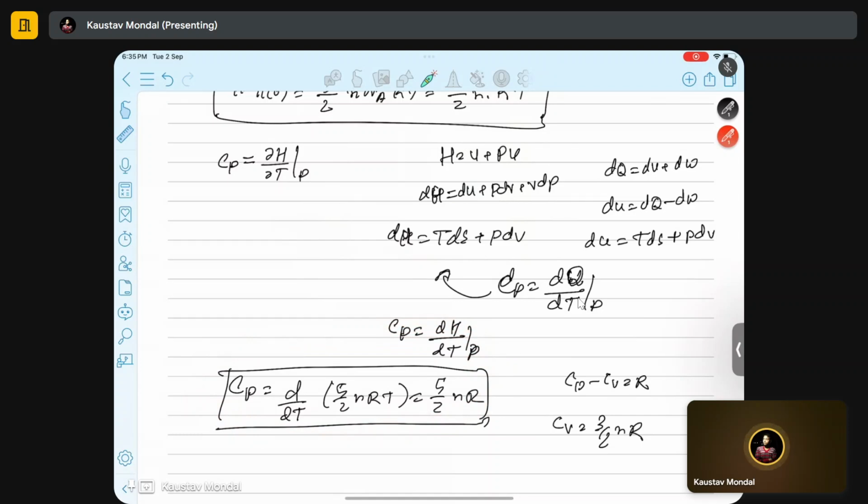If you do the derivative, Cp will take the form Cp equal to 5 by 2 nR, right? So this is how you can calculate the specific heat. If you know the enthalpy, you can calculate the specific heat at constant pressure, right? Next thing is enthalpy and heat transfer. So we will do some problems now.